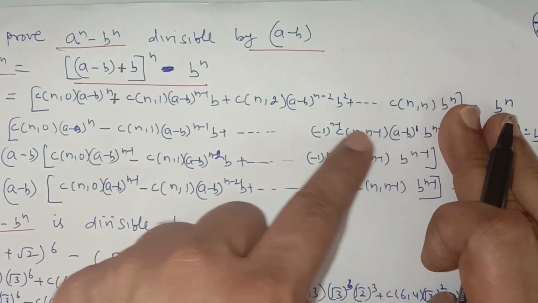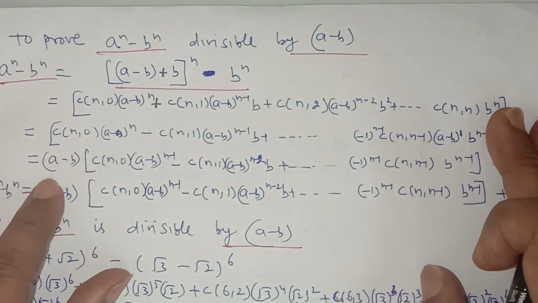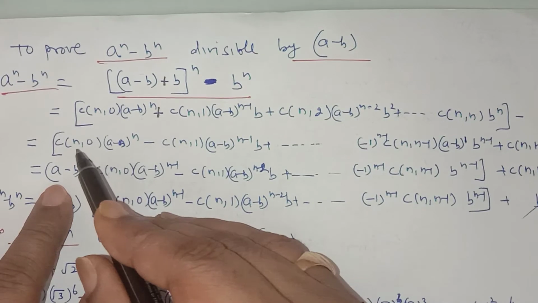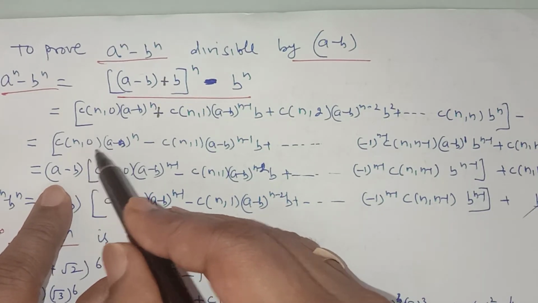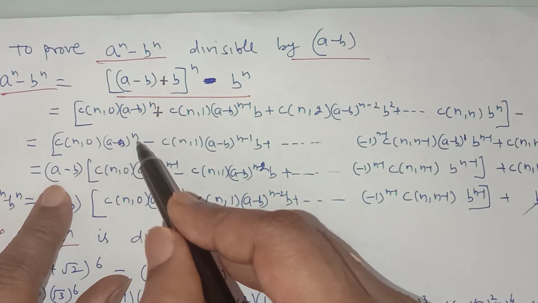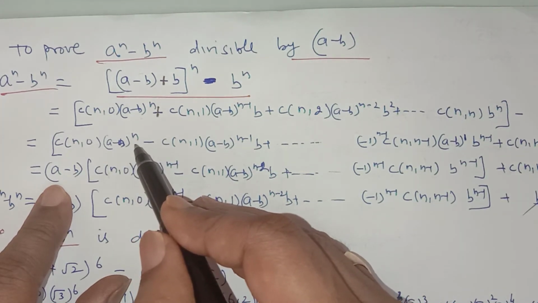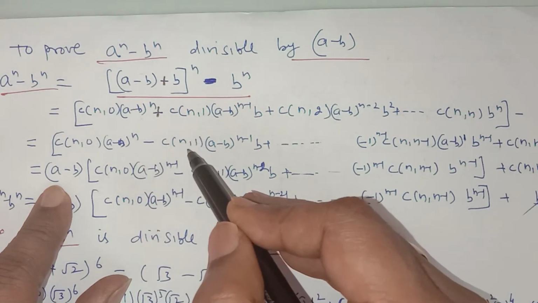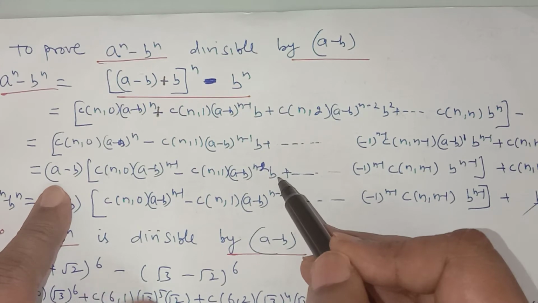All these terms contain a minus b. So I can take a minus b common in this. When I take a minus b common in it, it will be combination of n0 a minus b raised to power n minus 1. The degree will decrease by 1 when I have taken a minus b common. In this it will be combination of n1 a minus b raised to power n minus 2 b, and so on.